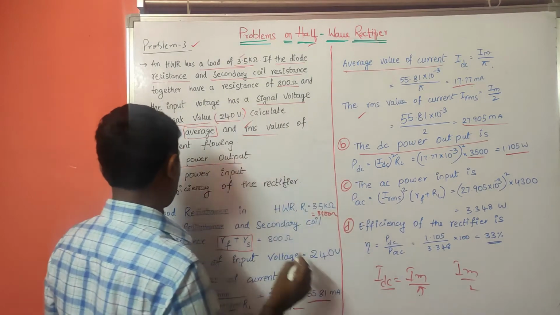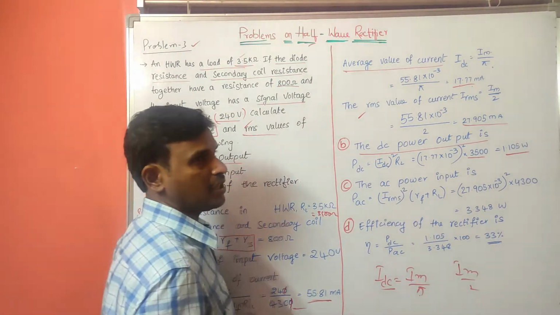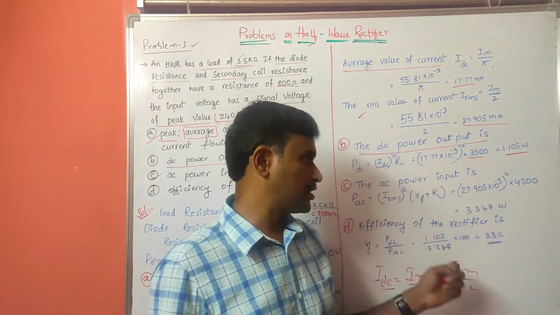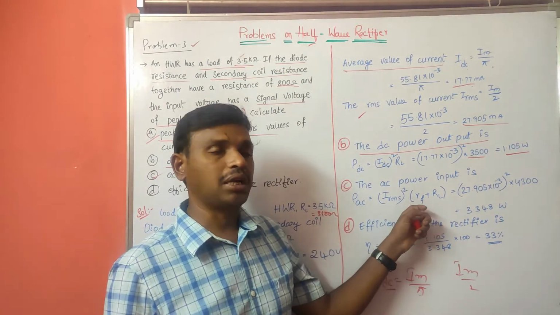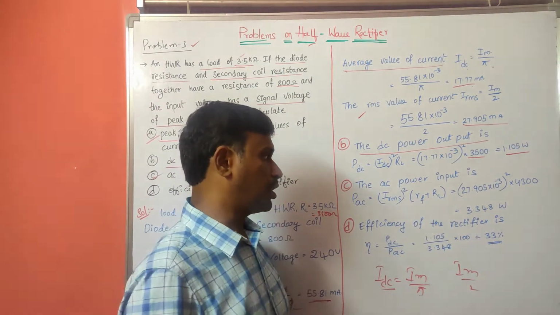Next we have to calculate the AC power input. The formula is IRMS square multiplied by Rf plus RL.